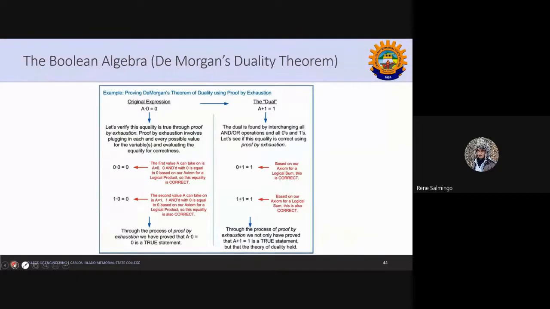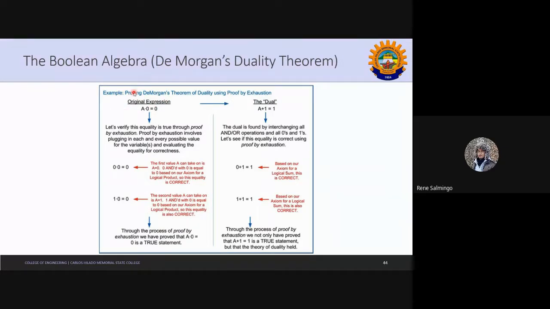Now, how do we prove the duality theorem? For example, we have the original expression A and 0 equals 0. How do we prove that this equation is true?